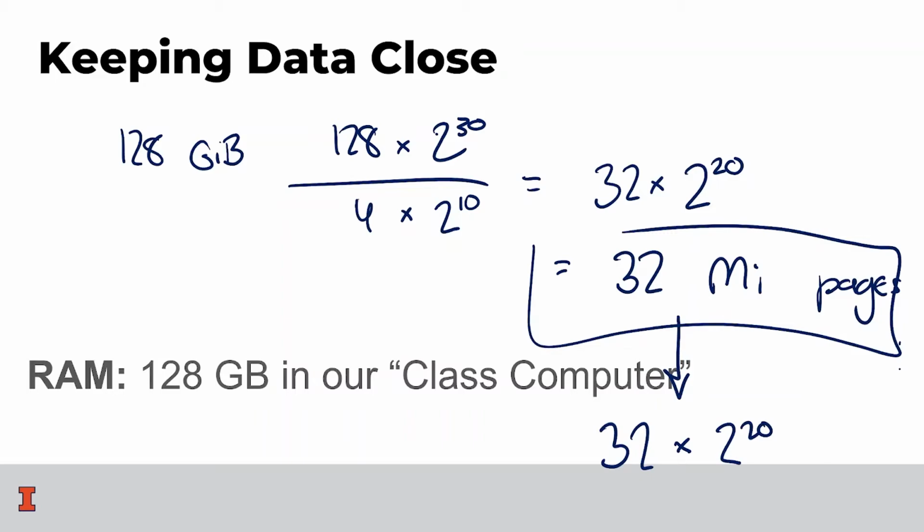The bytes is probably wrong. They're not megabyte pages, they're mega pages, but 32 times 2 to the 20th. So we don't have that many pages. We only have 32 million spots in our dream computer that has a lot of RAM in it where we can actually store data.